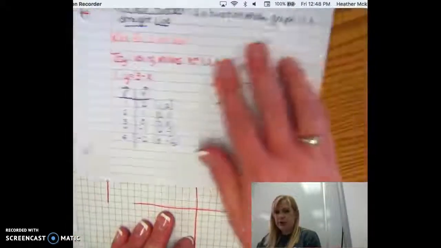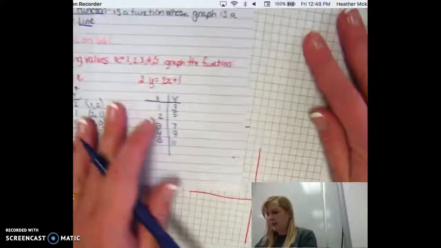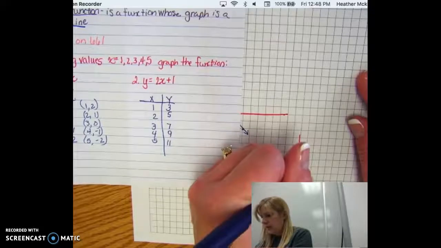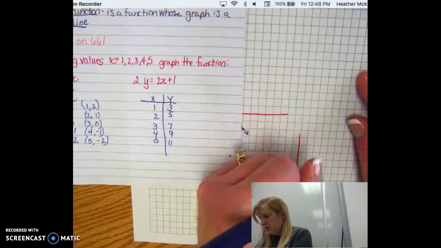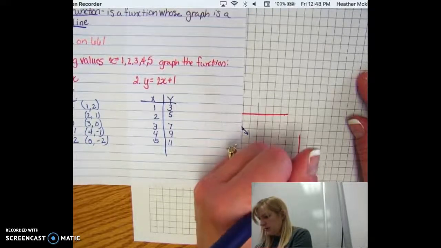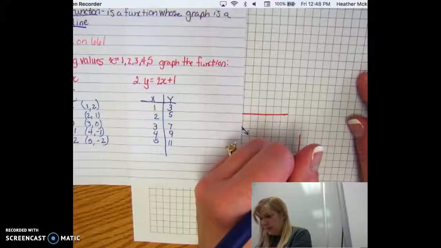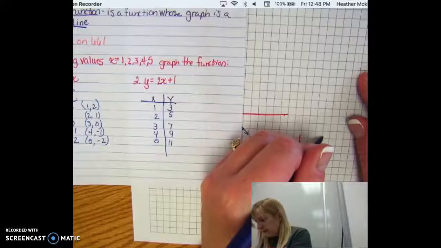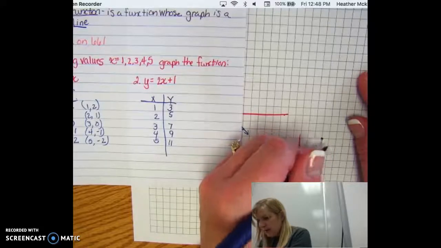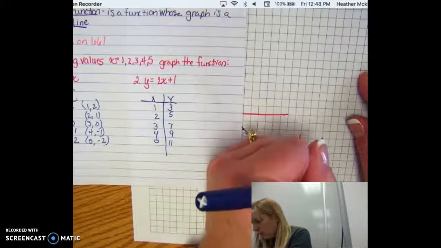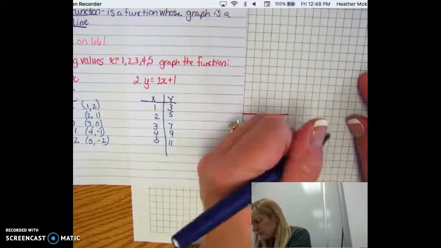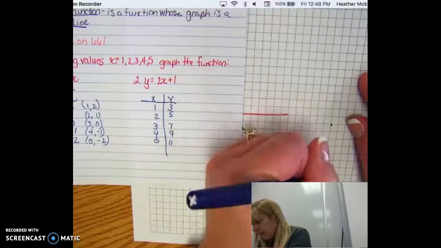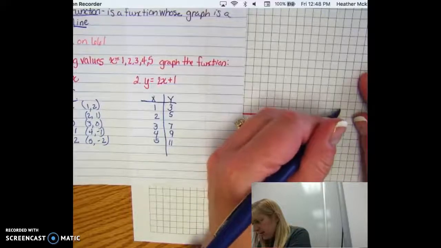I am just going to pretend I've written the ordered pairs, but they're listed kind of like they are. 1 over, 3 up, 2 over, 5 up, 3 over, 7 up, 4 over, and then 9 up, and then 5 over, 11 up.